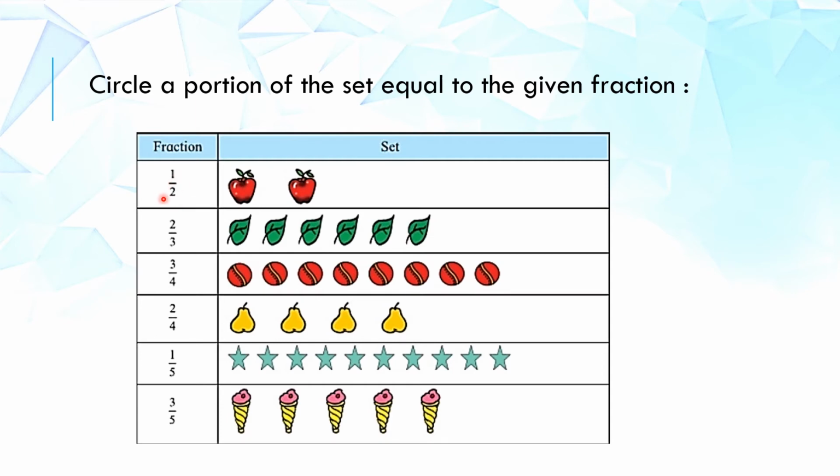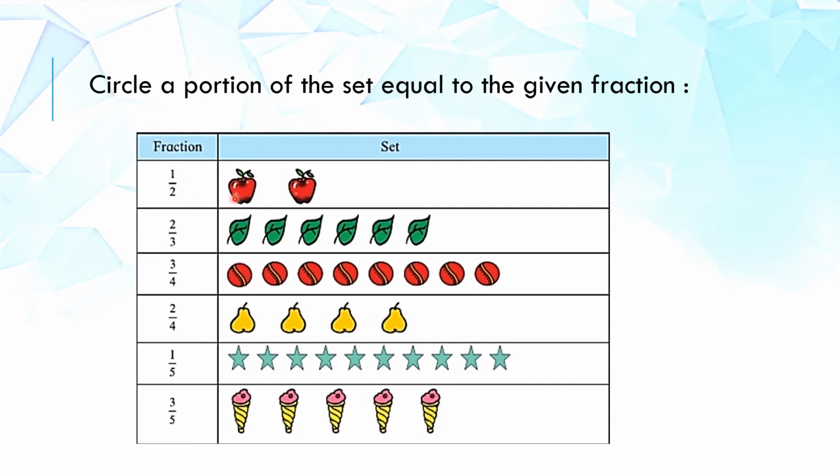It indicates the number of parts, and the number which is above the line, that is the numerator, indicates the number of parts taken from the whole. So here 2 is the number of parts, that is the denominator. It shows us the number of parts of the object.